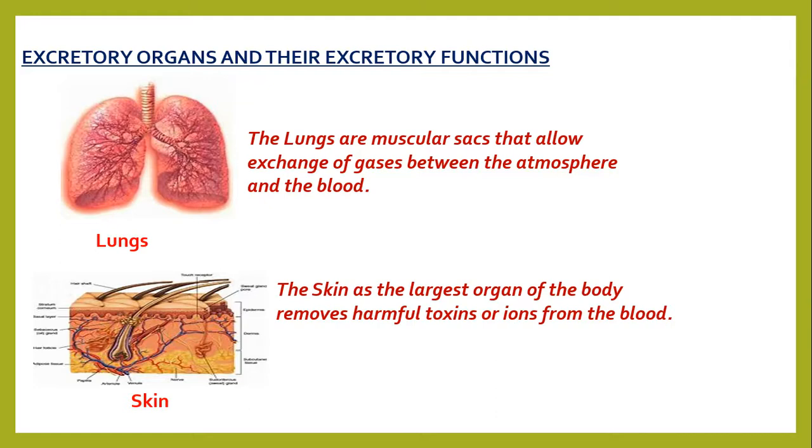Okay? So, toxins or poisonous substances that are formed as a result of metabolic activities in the cells, which are released into the blood, must not remain in the blood, but must come out through the skin.